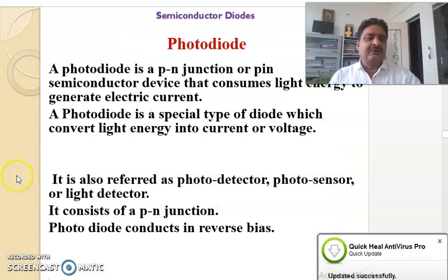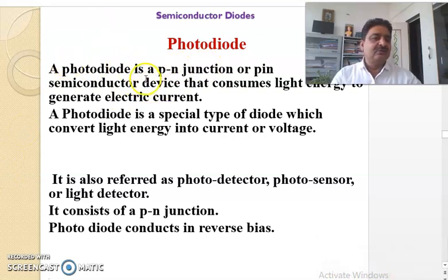Actually, what is photodiode? A photodiode is a PN junction or pin semiconductor device that consumes light energy to generate electric current. With the help of light incident on it, electricity is produced. In short, light energy is consumed and electric current is generated.